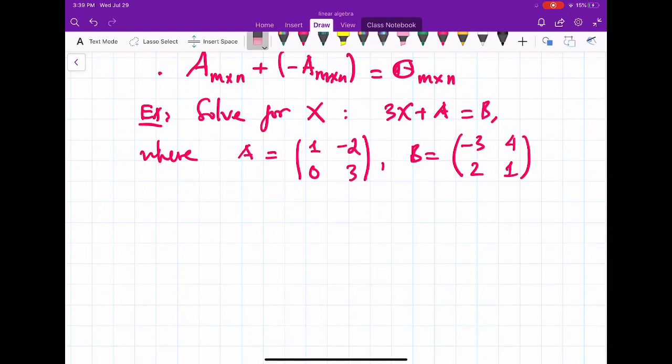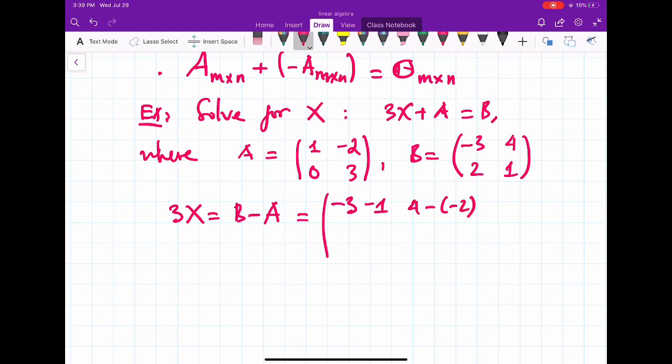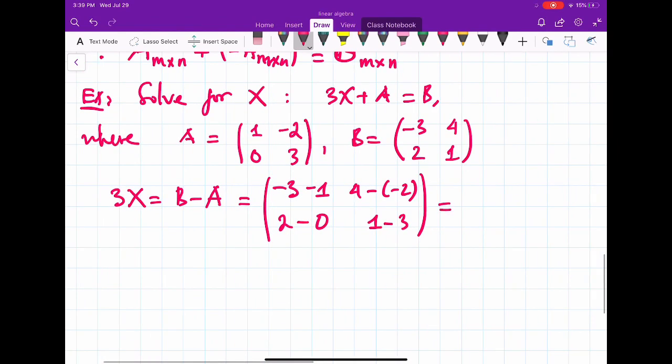From here, I have 3X equals B minus A, right? So I just write, okay, B minus A is negative 3 minus 1, 4 minus negative 2, and 2 minus 0, and 1 minus 3, okay? That is [negative 4, 6; 2, negative 2].